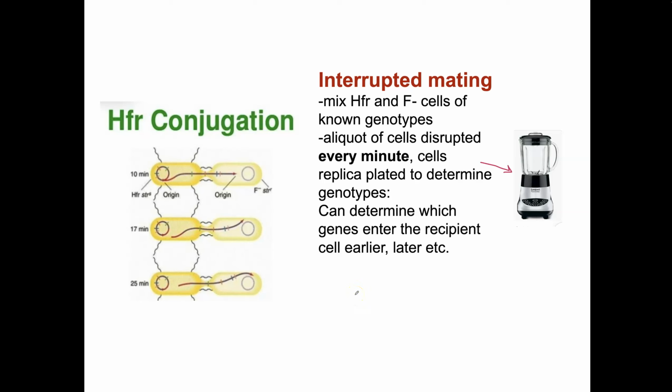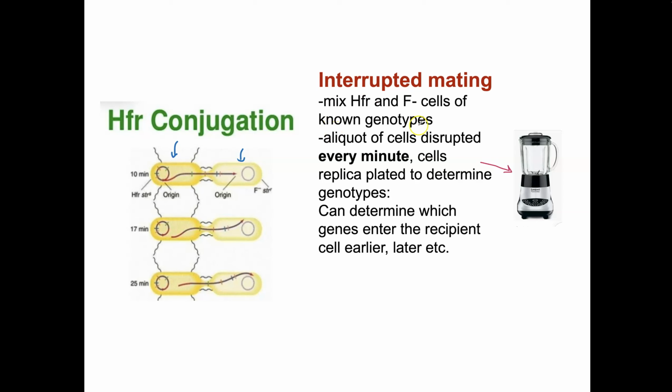And we can use this process of conjugation with HFR strains to get a crude map of approximately where different genes are relative to one another by doing what is called interrupted mating. So what you do is you take a culture of HFR cells of known genotype, and then recipient of the correct genotype, and we'll talk in the next lecture about how you choose those genotypes.